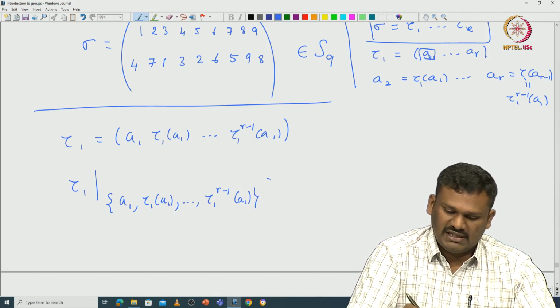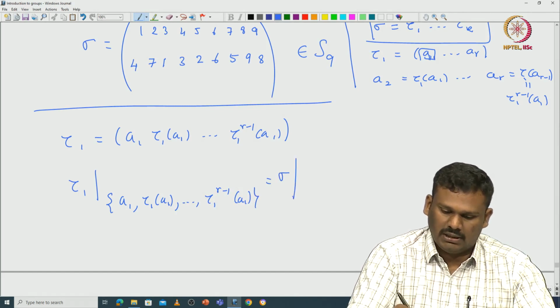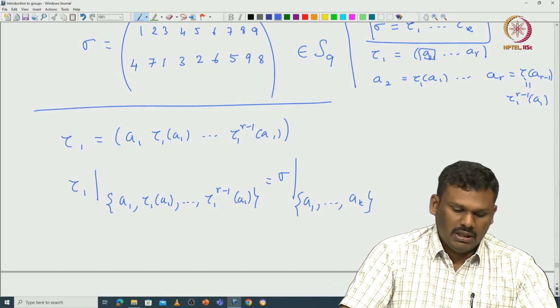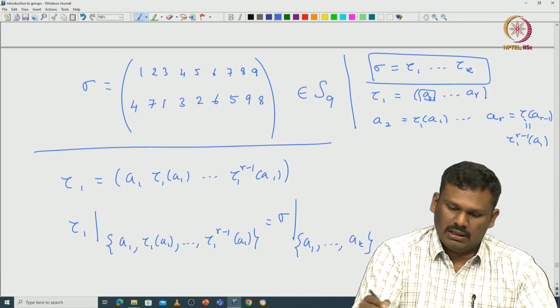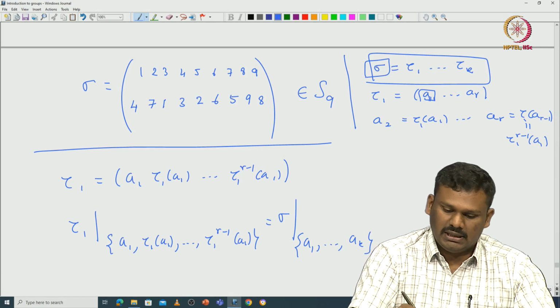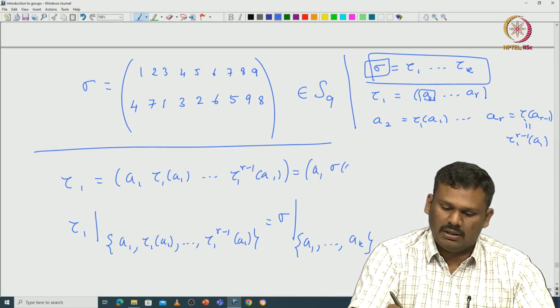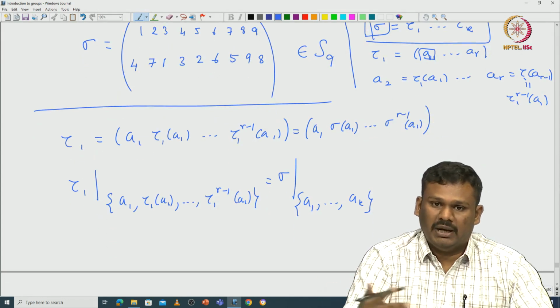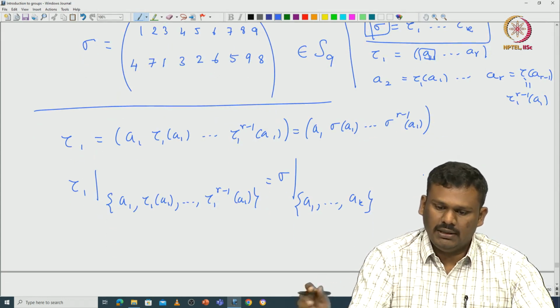Since sigma is actually the product of tau 1 through tau k, tau 1 restricted to a1, tau 1 a1, ..., tau 1 to the power r minus 1 a1 should be the same as sigma restricted to this set. So if you are interested in writing tau 1 in terms of sigma, it is the same as starting with a1 and applying sigma on a1 repeatedly, and then you get back all the other elements.